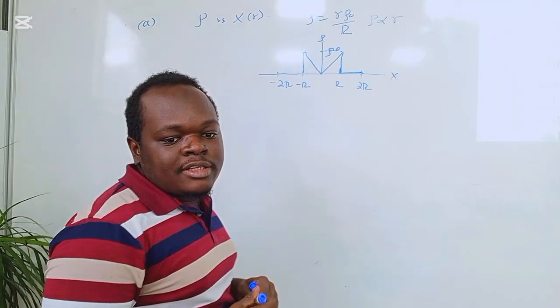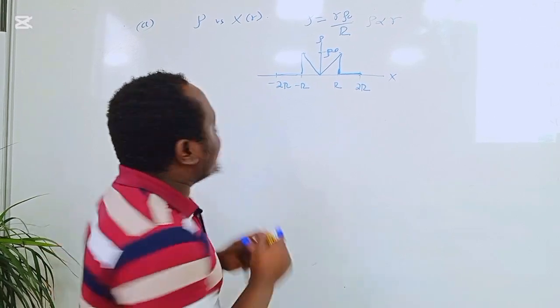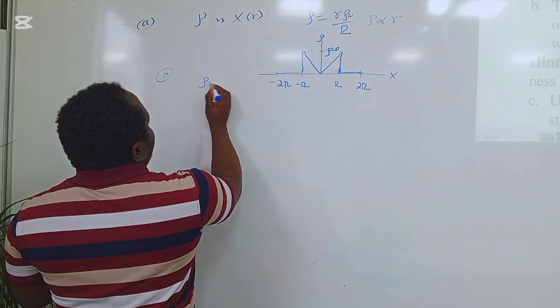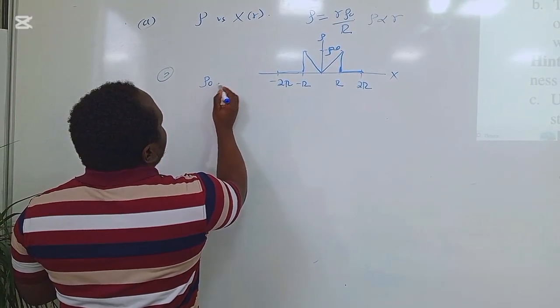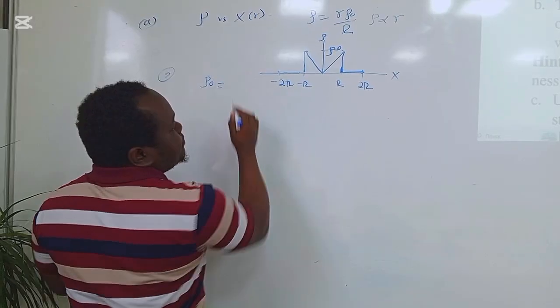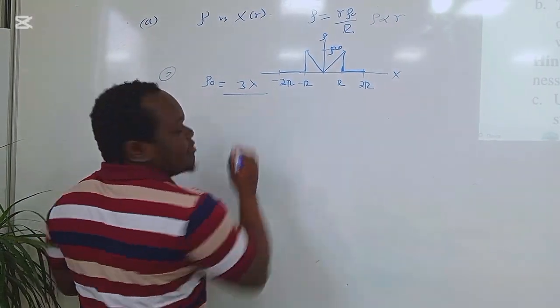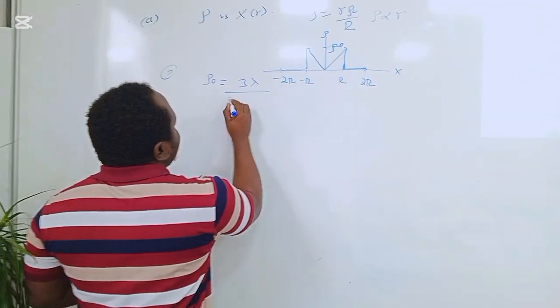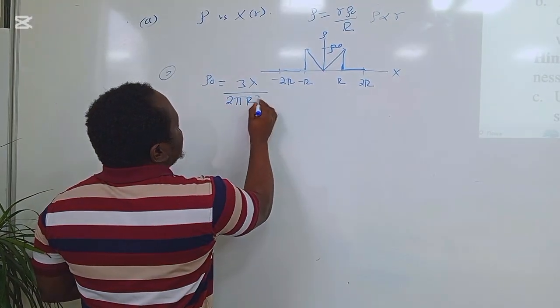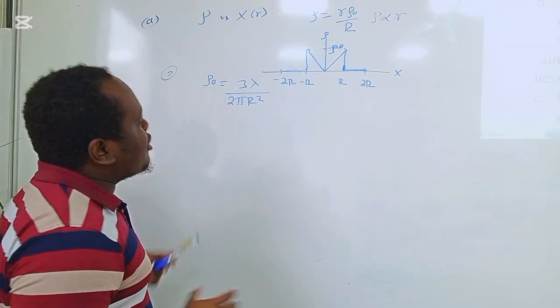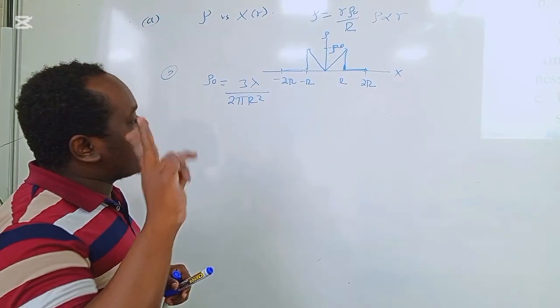So B, we have been told that we need to prove that rho naught is equal to 3 lambda divided by 2 pi R squared. We need to prove this. How can we prove this? By considering two things.